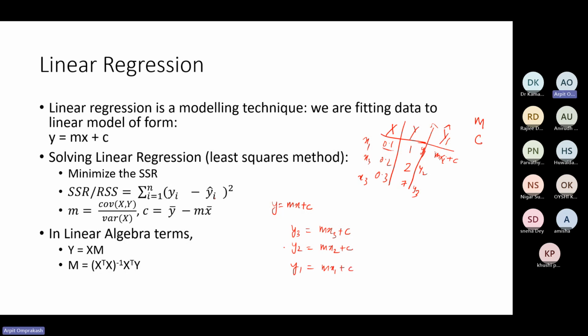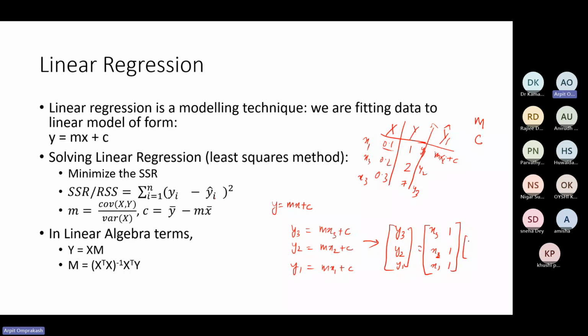So we can reformulate this whole thing in linear algebra terms as a matrix multiplication problem. We have a Y matrix here, y3, y2, y1, which is given by this X matrix, which is basically x3, x2, x1, and 1, 1, 1.